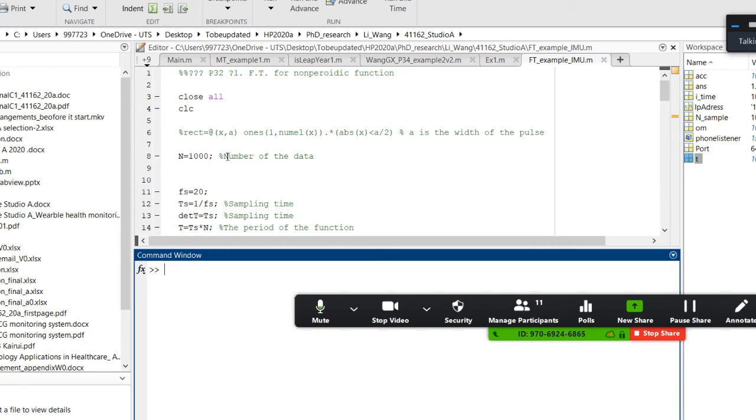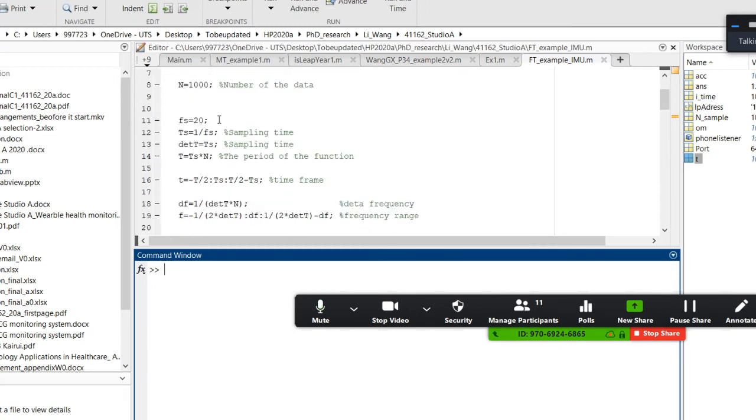For example, n is 1,000, and then we need to know the sampling frequency. The sampling frequency we already set is 20 hertz, and we also need the sampling time. Sampling time is very simple.